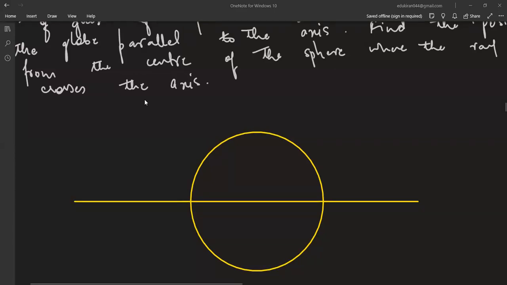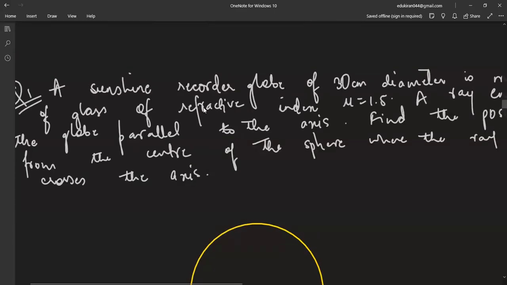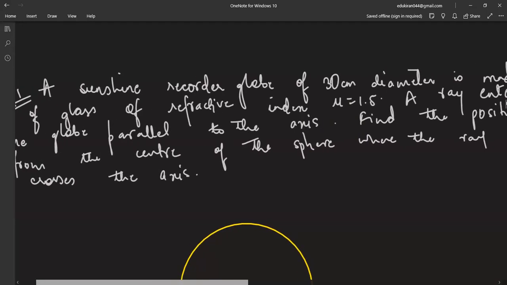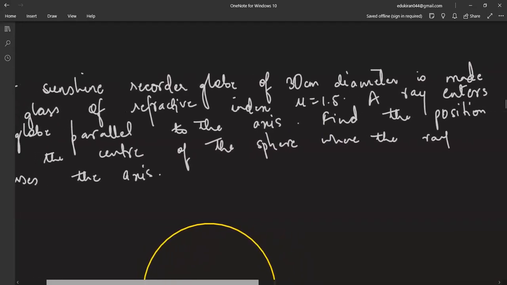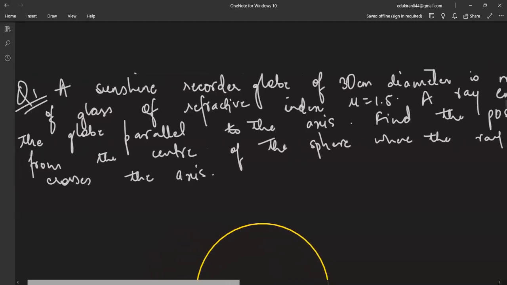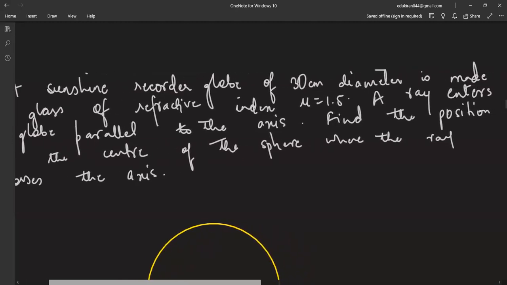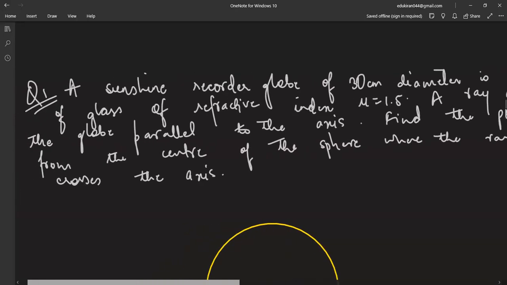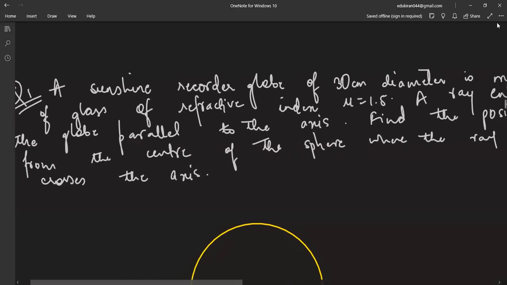See, this question says a sunshine recorder globe of 30 centimeters diameter, made of glass of refractive index 1.5. A ray enters the globe parallel to the axis. Find the position from the center of the sphere where the ray crosses the axis.